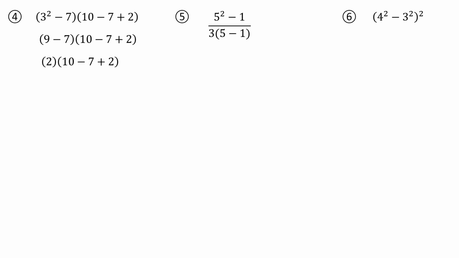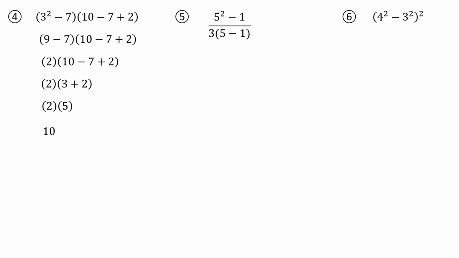I don't see any multiplying or dividing. So I can do any adding or subtracting from left to right. So 10 subtract 7 is 3. I can add 2 to get 5. There is nothing left inside either set of parentheses. There are no exponents anywhere. Is there multiplying or dividing? Oh yeah, we got 2 times 5. 2 times 5 is 10.